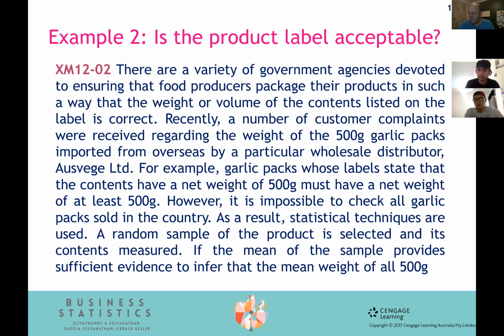And I'm going to bring up the data. Give me a moment. Is it the one that says production? A manufacturer of television screens has a production line that used to produce an average of 100 screens per day. That's the one. XM 12.05.